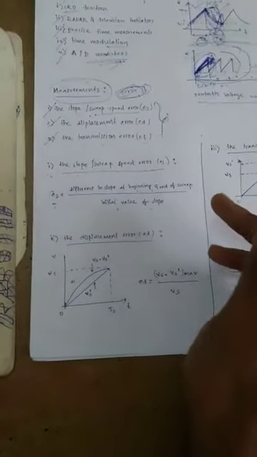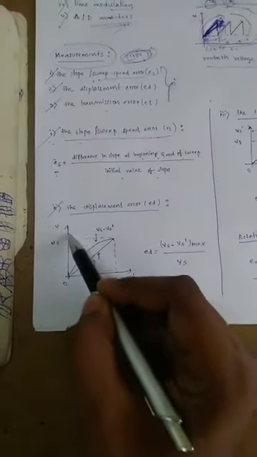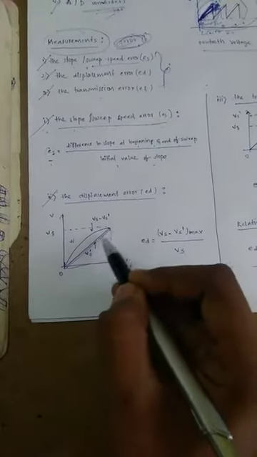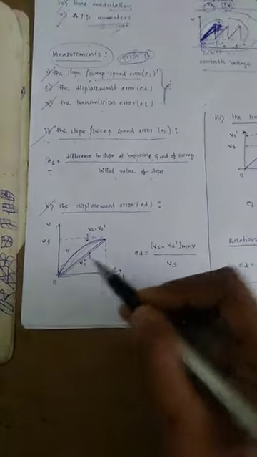This is generally not used, because measuring the slope is a difficult task in calculation. So we use the displacement error method. This is an output waveform of a sweep voltage Vs. This is the linear sweep voltage, and this is the non-linear sweep voltage.